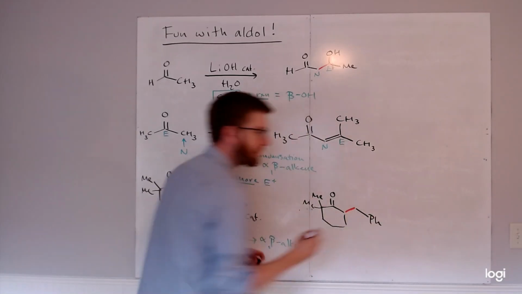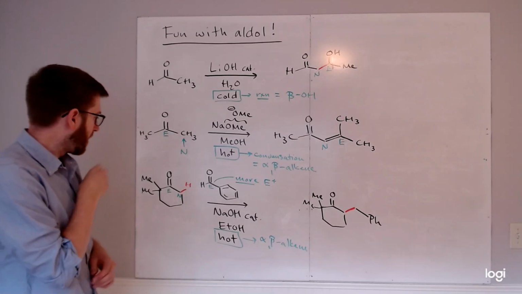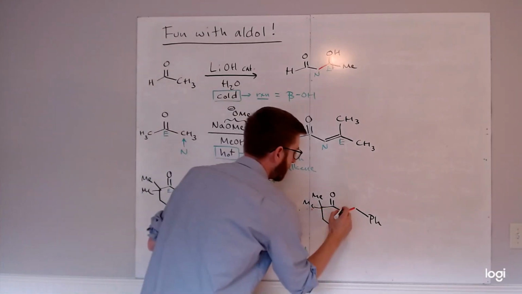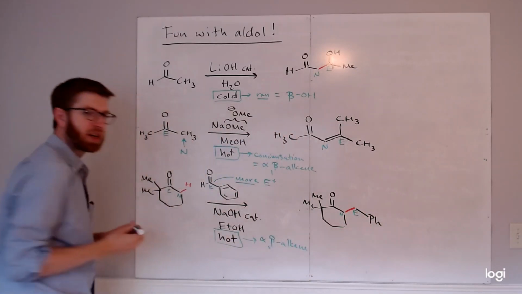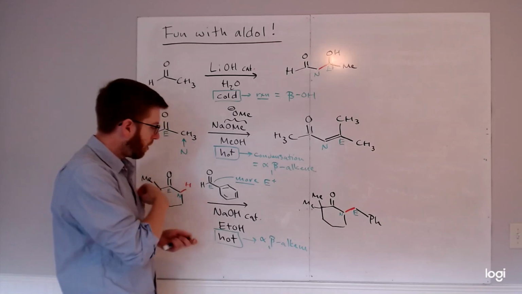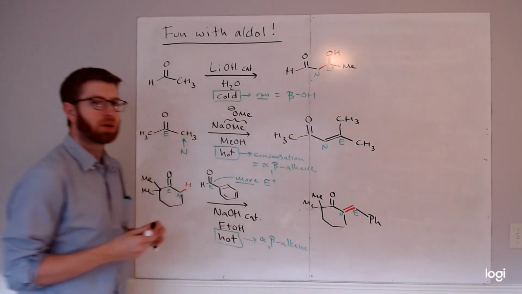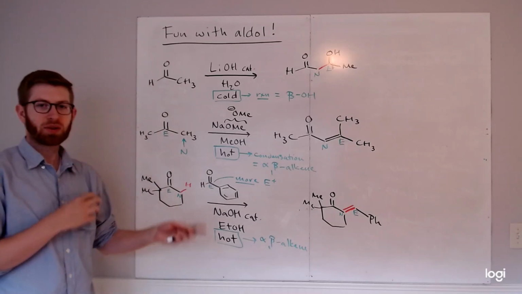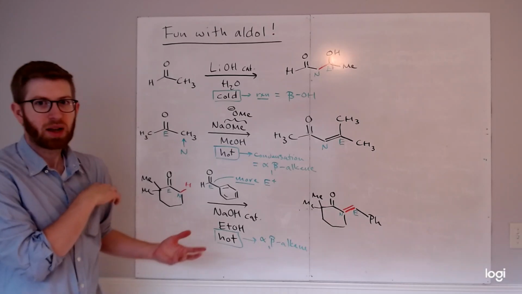I'm going to put it back as a phenyl group now, or an abbreviated group rather. Okay, so my nucleophilic site was here. My electrophilic site was here. I know that this reaction was run under hot conditions, and that means that I'm going to have a double bond between those two spots. So I do the elimination step. Okay, so we've now seen an example of a mixed aldol.